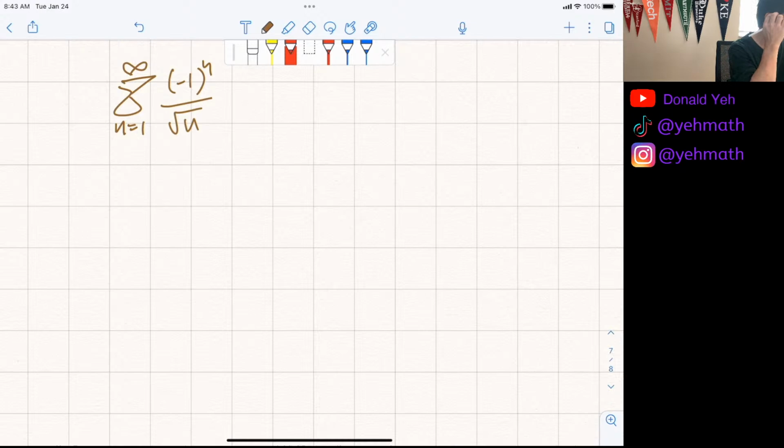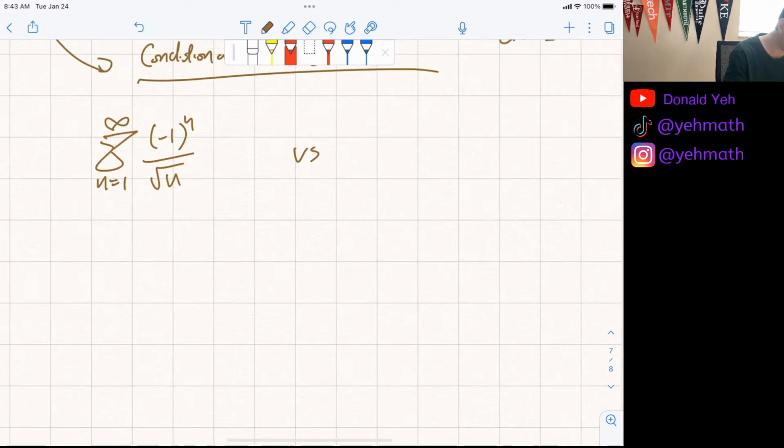In multiple choice you can figure it out right away, but on this one, you have to show me what this is. Okay, so I'll show you versus summation n equals 1, where the information here is n squared.